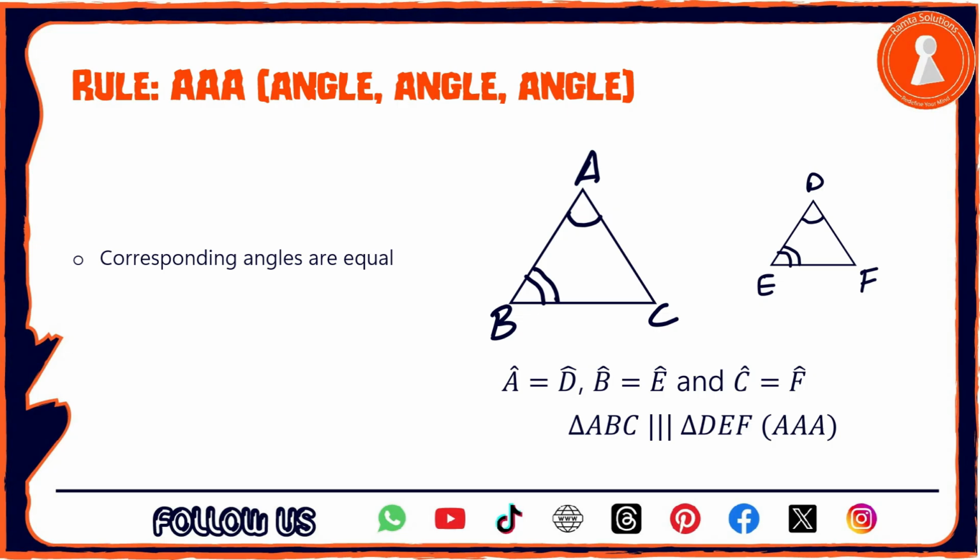You can just say triangle ABC is similar to triangle DEF. And what is the reason? The reason is triple A, meaning corresponding angles are equal. All right, so this is it. And this is how you look at similarity of triangles. Okay, guys?